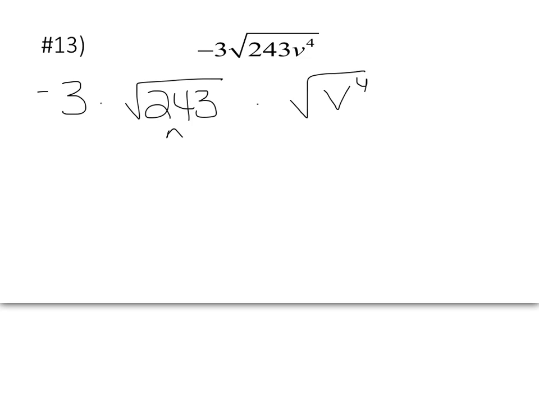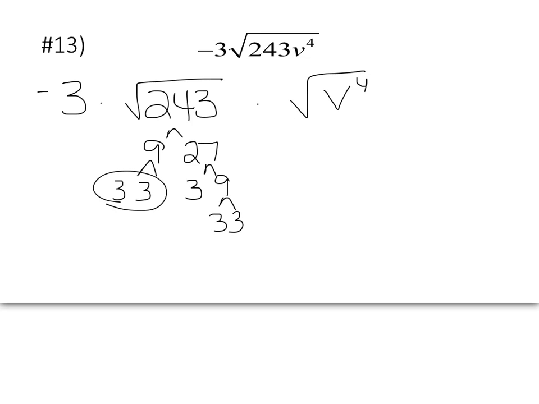We've got 9 and 27. 9 is 3 times 3. 27 is 3 times 9. And 9 is 3 times 3. So because my index is 2, we're looking for sets of 2. And then this one's left over.